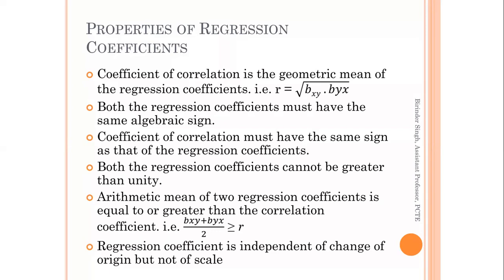The arithmetic mean of the two regression coefficients is equal to or greater than the correlation coefficient. That is, bxy plus byx divided by 2 will always be greater than or equal to r. Regression coefficients are independent of change of origin but not of scale. These are the properties of regression coefficients.